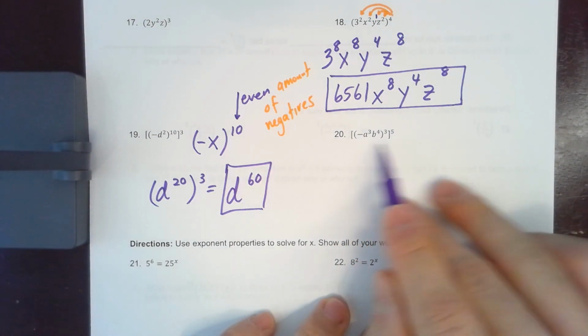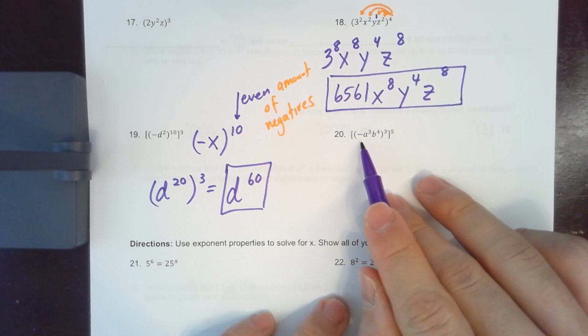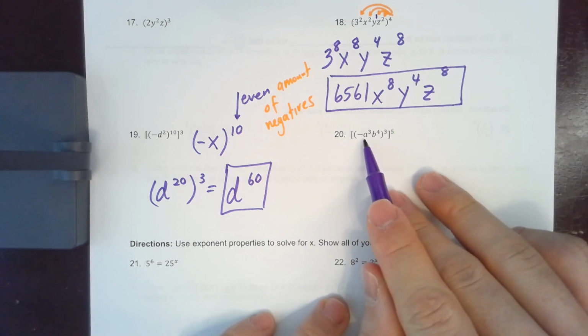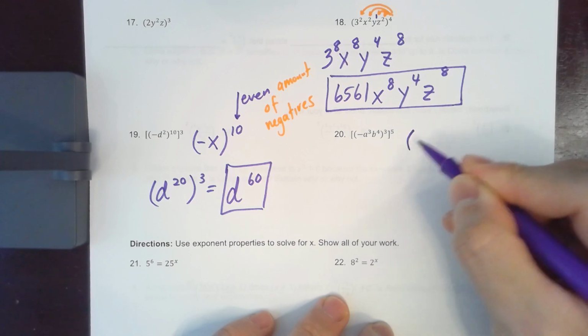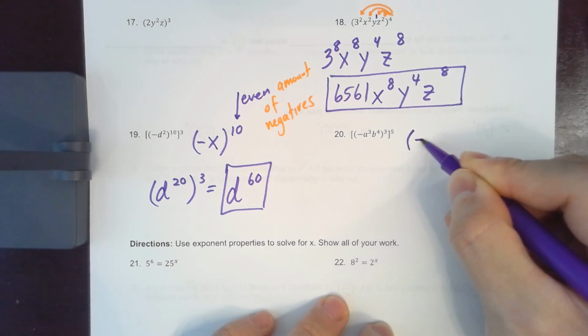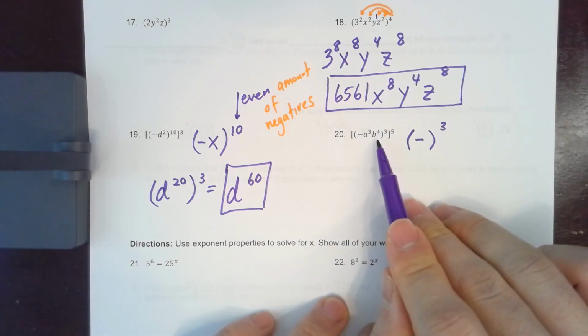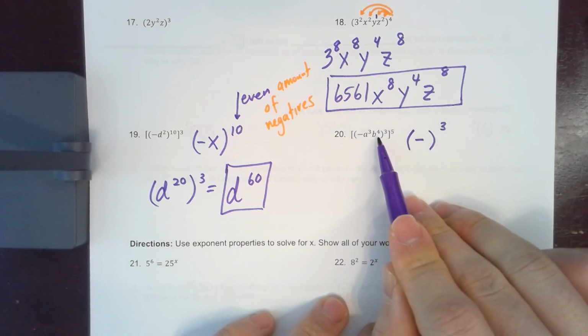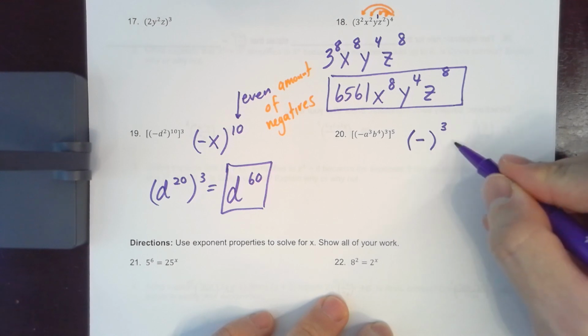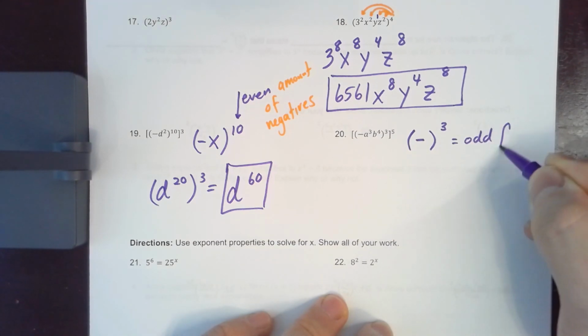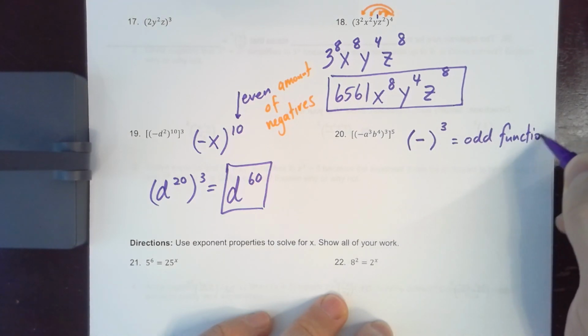So using that knowledge, look at number 20, right? I'm going to use that same principle. The inside is a negative, but on the outside, it's raised to the 3rd power, right? So because this is an odd function, this is going to have a negative result.